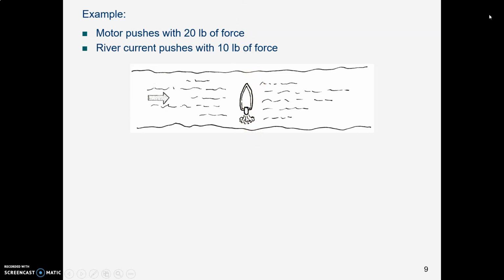So if you were going to draw a picture of those two forces, it would look something like this. You'd have a 10-pound force, an arrow 10 units long going out to the side. You'd have a 20-pound force, an arrow 20 units long going up. Those are the two arrows that represent those forces.